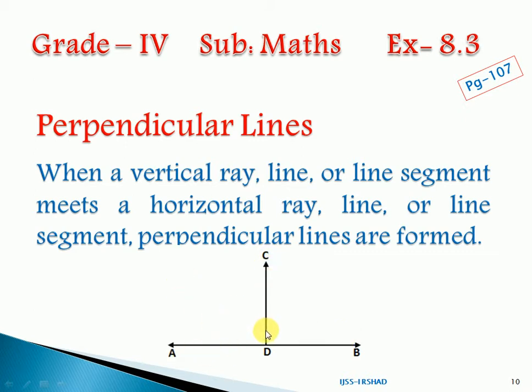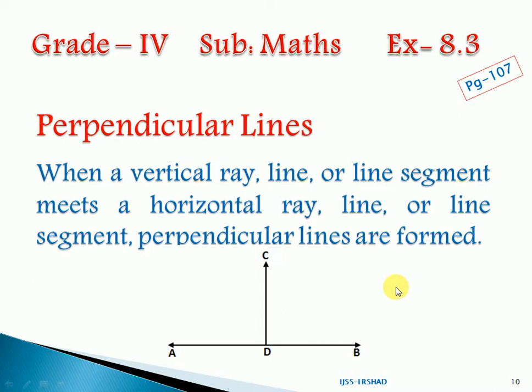You can see here this ray has met this straight line AB at the point D. So you can say this CD is perpendicular to line AB, and a perpendicular line will make 90 degrees with the base line.